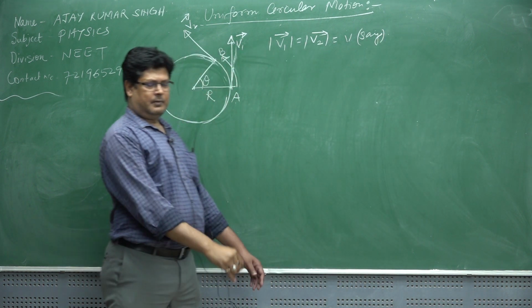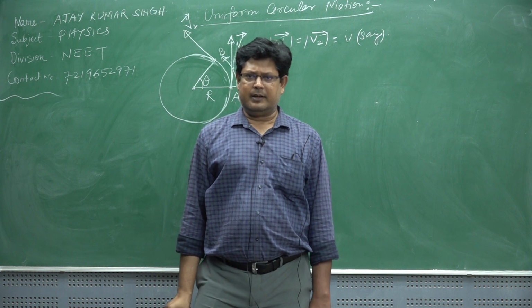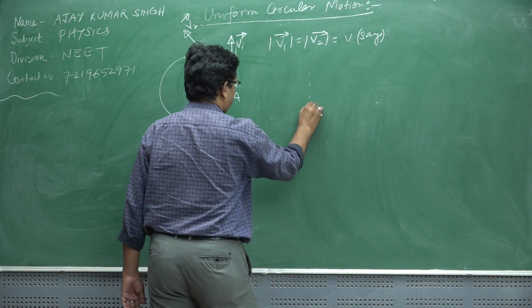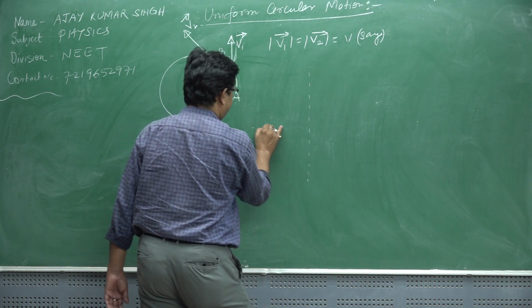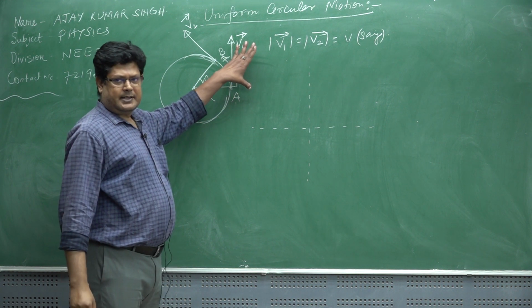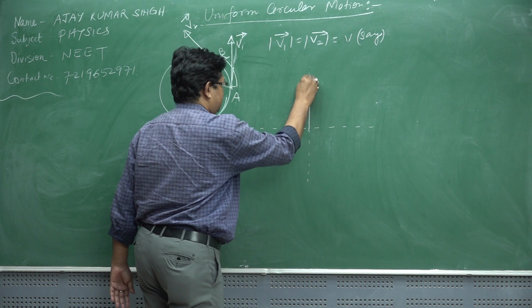Okay. Now can we draw a separate vector diagram for these two vectors? So we are going to draw the separate vector diagram for these two. First velocity vector, this is V1. This is represented by this line.